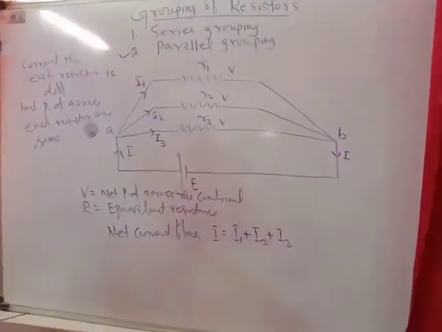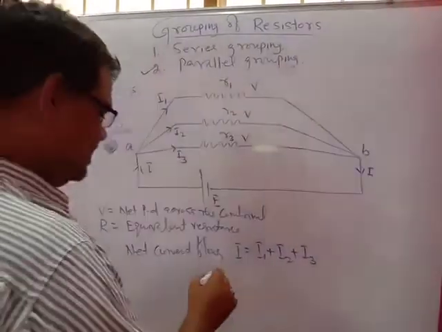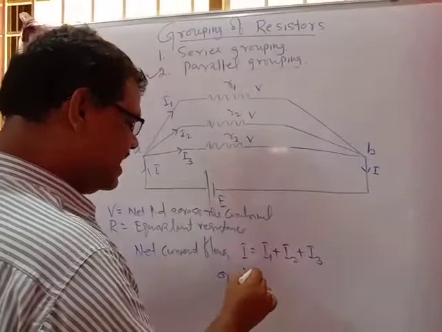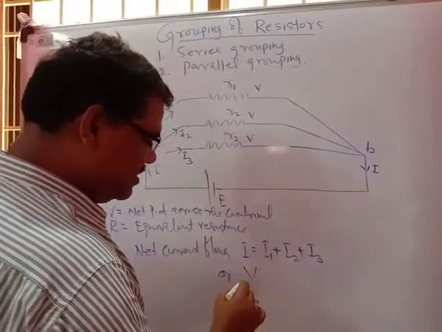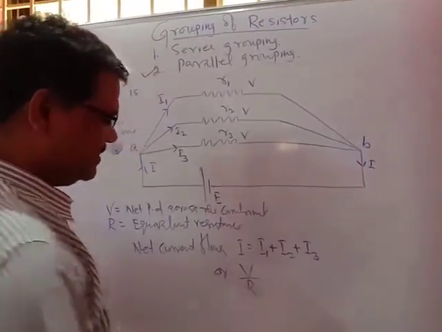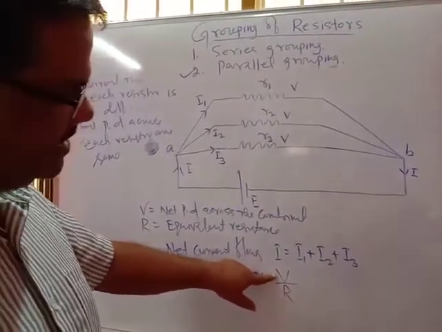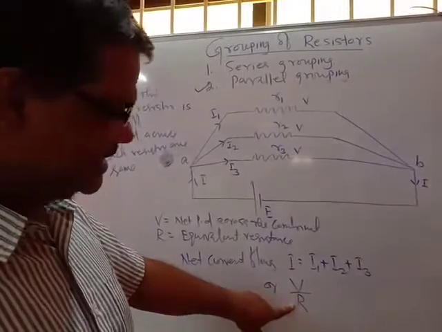From Ohm's law, V equals IR, so the net current drawn equals the net PD across the combination divided by the equivalent resistance.